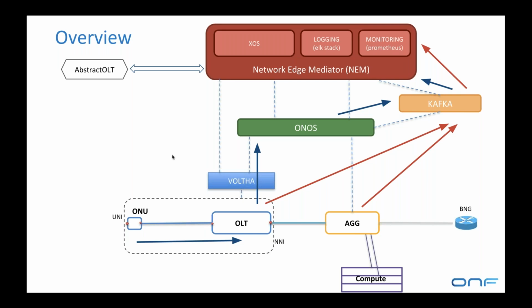So I'm thinking that the OLT side can run the Redfish application to monitor any hardware status and report to the Kafka bus, or Voltha, maybe a Kafka process, and forward to the Kafka bus.